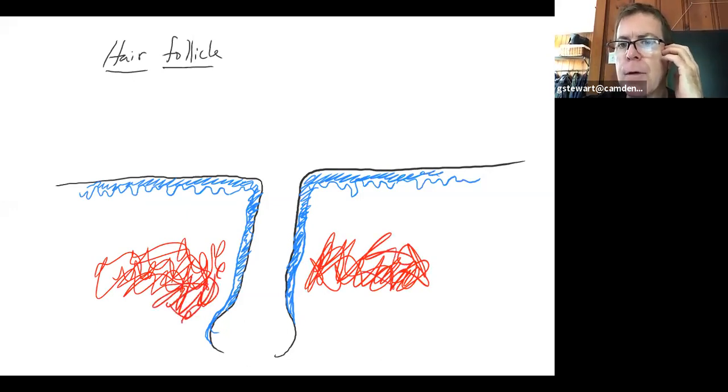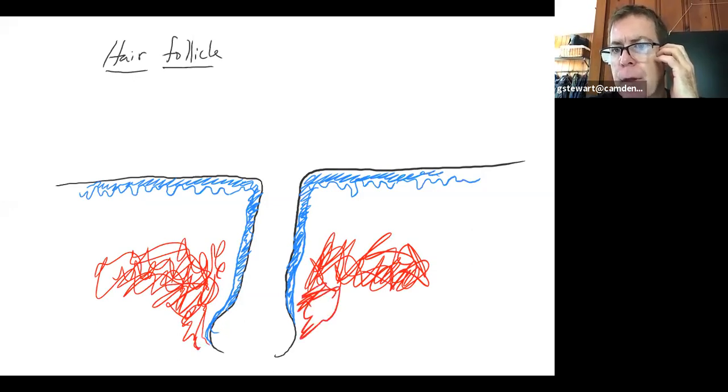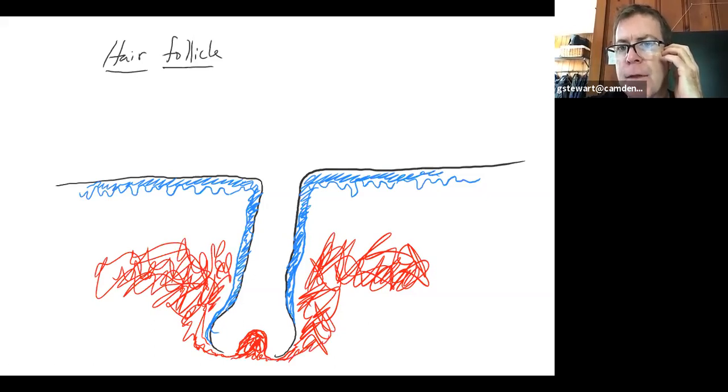I'm drawing mostly reticular dermis here. The reason I'm doing this is because at the very base of the hair follicle, there is a lump of dermal tissue that sticks up into the base of the follicle. We call that the dermal papilla, because it means finger-like. So everything in red is dermis, everything in blue is epidermis, and this would be the epidermal sheath.